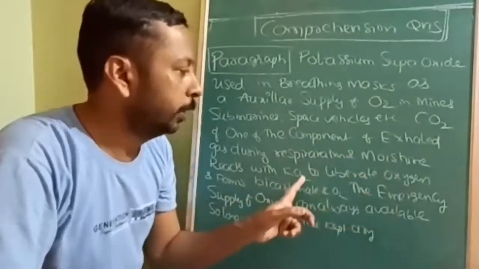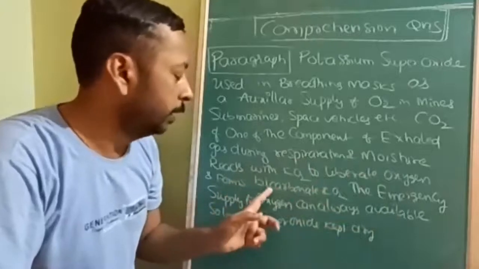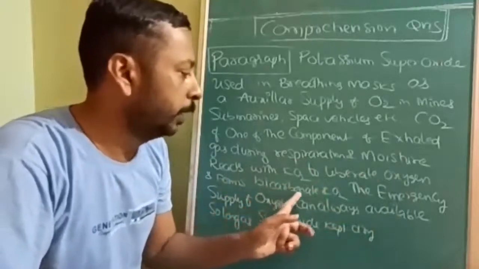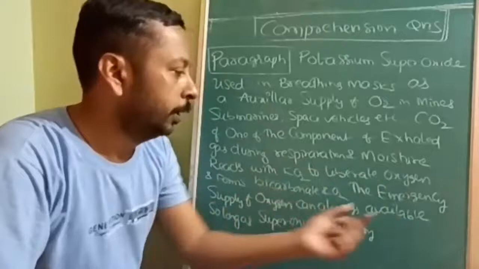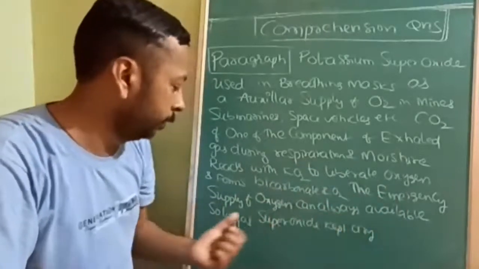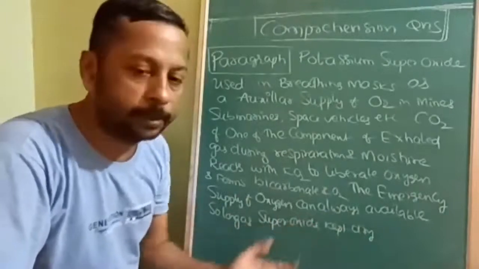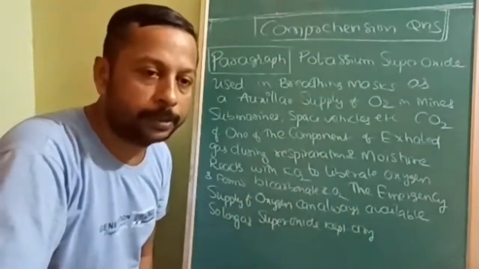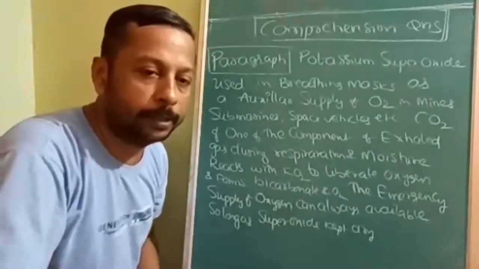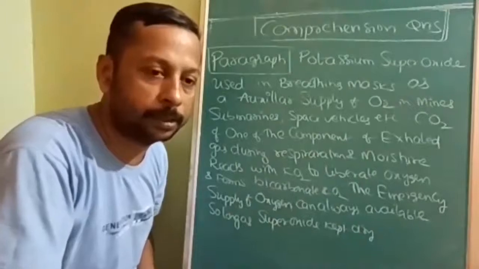So H2O plus KO2 liberates oxygen, and forms bicarbonate and oxygen. The emergency supply of oxygen can always be available as long as the superoxide is kept dry. Is that sentence clear? Now I am erasing this sentence and I am giving questions based upon these sentences.